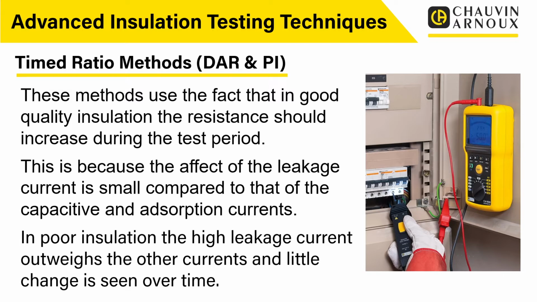Now, in poor insulation, the high leakage current outweighs the other currents, and little change is seen over time. So if you test straight away and actually the insulation pretty much seems to be the same value all the way through, that's generally because you've got a very high leakage current, and because you've got a high leakage current, you can't really see the effect of the capacitive and absorption currents because they're so small compared to the size of that high leakage current.